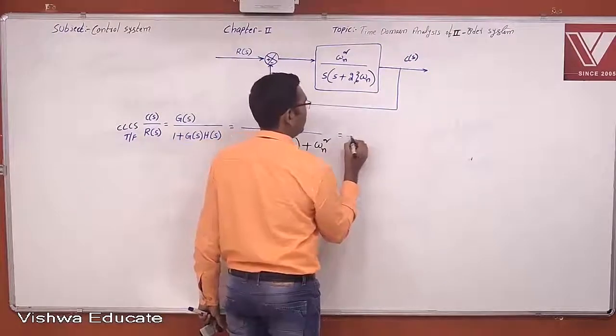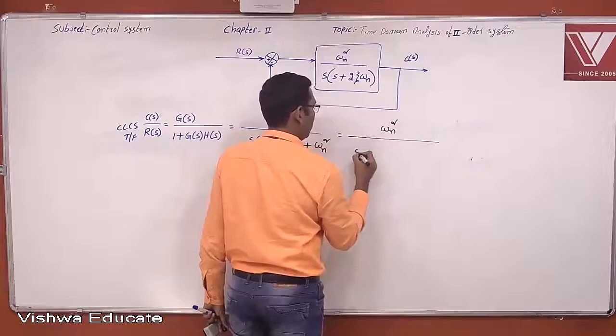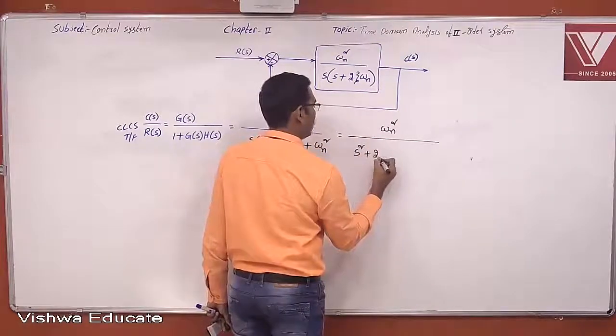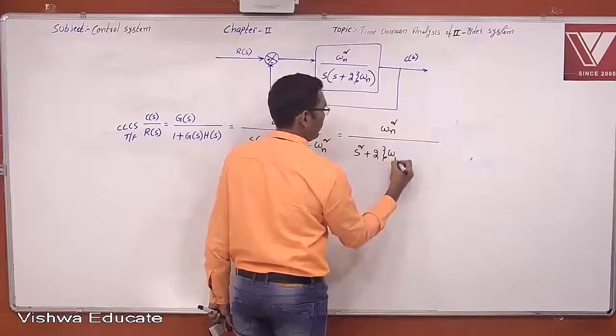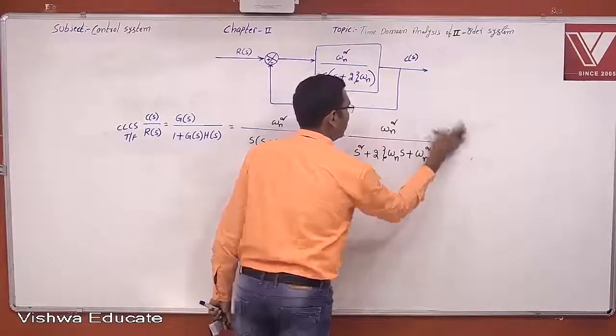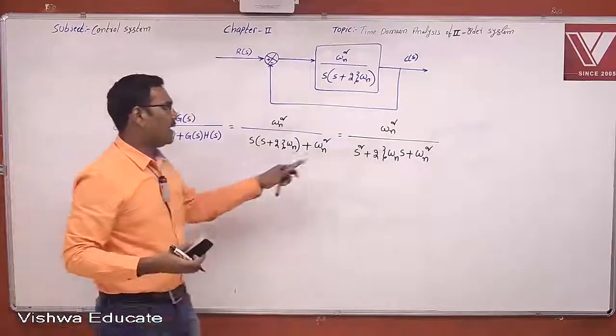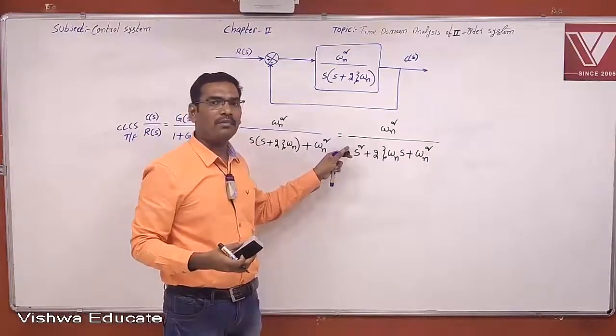Therefore, it is equal to omega n square by s square plus 2 zeta omega n s plus omega n square. Now see, this is the closed loop control system transfer function. The highest power in the denominator polynomial is 2.